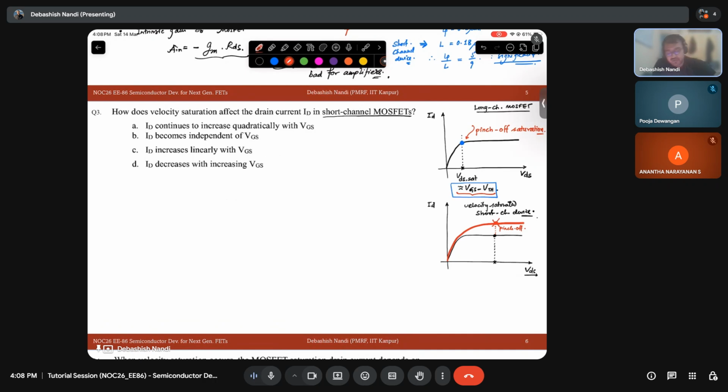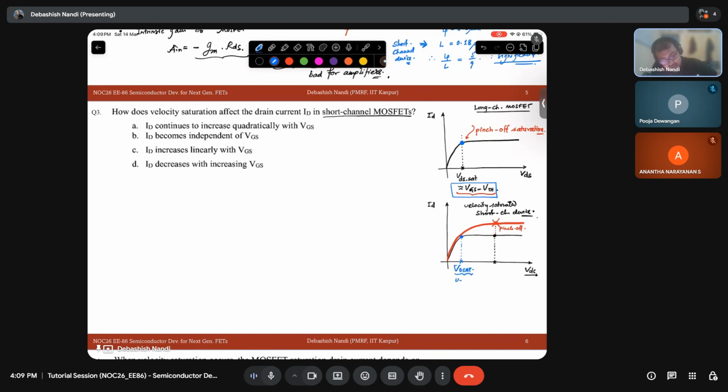But due to velocity saturation, it may happen that your saturation occurs at a much earlier voltage. This is your V sat. Let's say this is called VD sat.